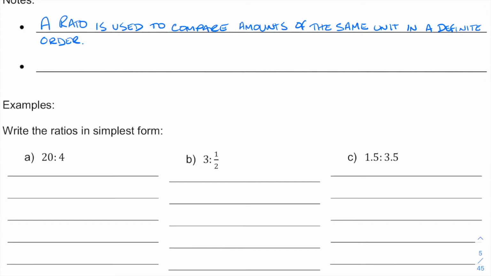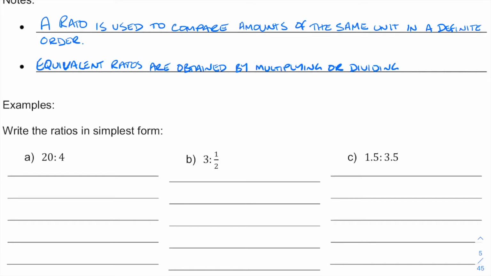The other note that I'd like to make is all about equivalent ratios. Equivalent ratios. Okay, and these are obtained. Alright, so we can obtain these equivalent ratios by either multiplying or dividing.